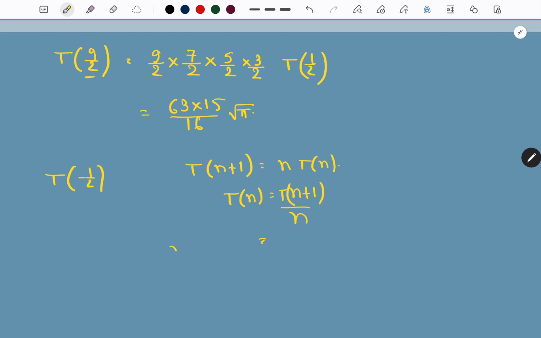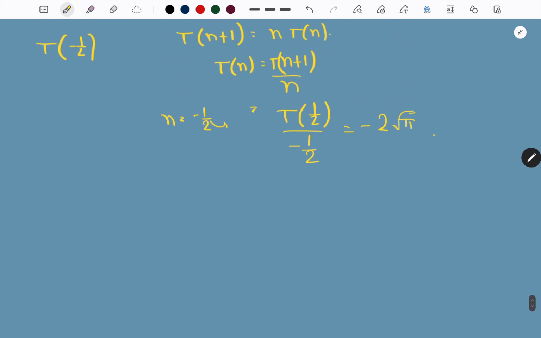So here if I say n is equal to minus 1 by 2, then this will be tau of 1 by 2 divided by minus 1 by 2, which is equal to minus 2 root pi. Done.